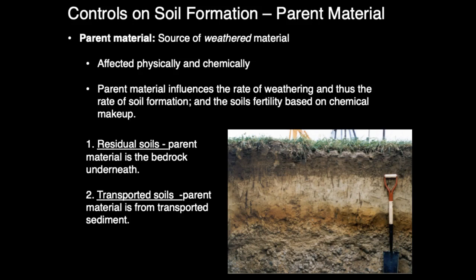The second way in which parent material will influence the soils is on the soil's fertility. The chemical makeup of the parent material will affect the soil's fertility, and thus the vegetation which that soil can support. For example, I think many of you have heard that volcanic material tends to make very fertile soils, and this is true.